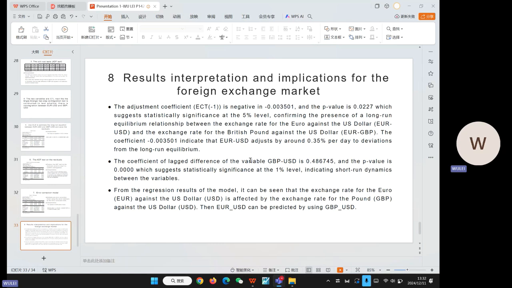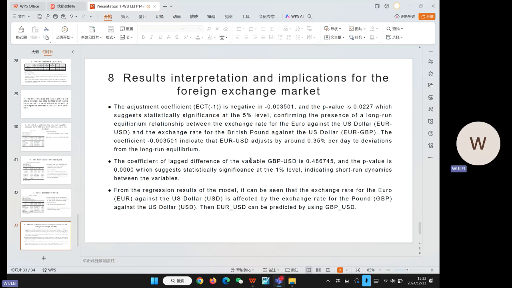The adjustment coefficient is negative, minus 0.003501, and the p-value is 0.0227, which suggests statistical significance at the 5% level, confirming the presence of a long-run equilibrium relationship between the exchange rate for the euro against the US dollar and the exchange rate for the British pound against the US dollar.